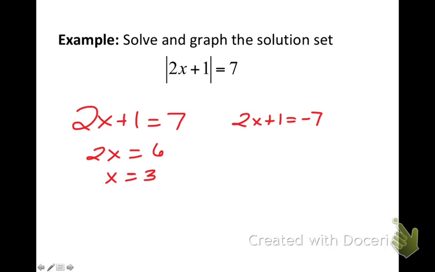So now when you solve that side, we get 2x is equal to negative 8, x is equal to negative 4. Are my two numbers. So if I check it, 2 times 3 is 6, plus 1 is 7, the absolute value of 7 is 7. 2 times negative 4 is negative 8, plus 1 is negative 7, the absolute value of negative 7 is 7. So both of those numbers work.